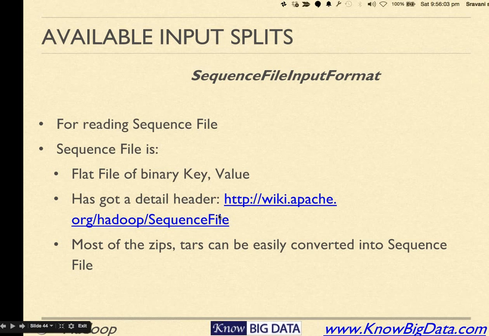Detailed header, as in the bit rate. If you take the case of mp3 music, there will be a header saying what the bit rate is, who the author is, what the genre of the music is, and so on, and that goes into the header. The rest is the binary data. The header also contains the size of the file. So most of the binary file formats can be represented as sequence files.